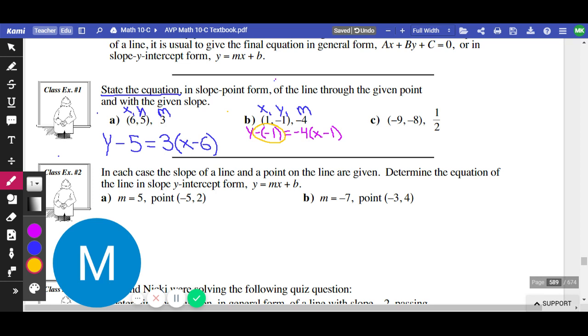Right? We don't like double negatives. Instead, we would write that as plus. This would be my answer in slope point form. Y plus 1 equals -4, x minus 1.